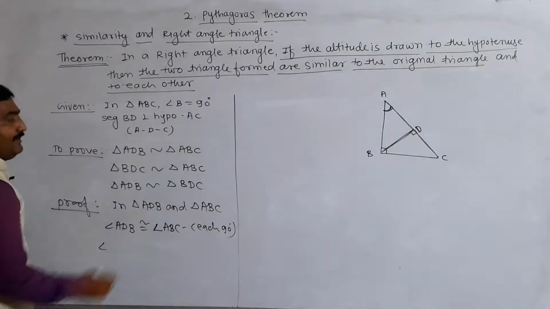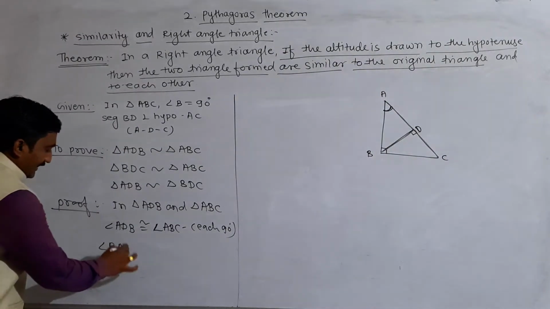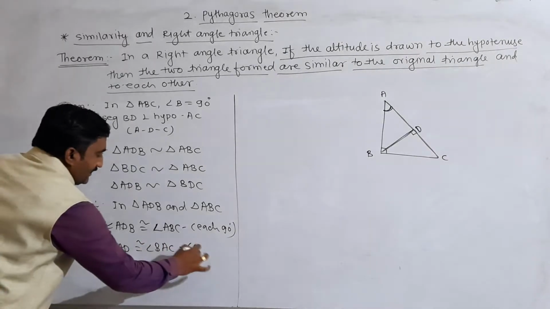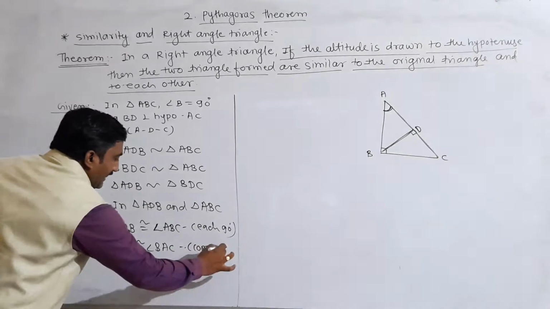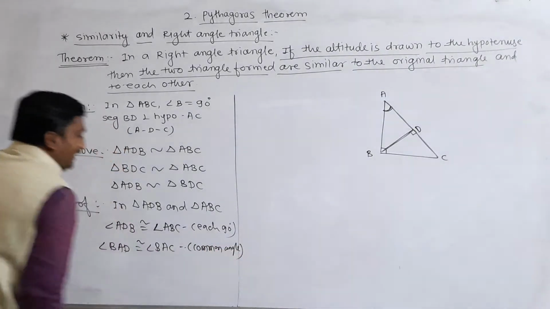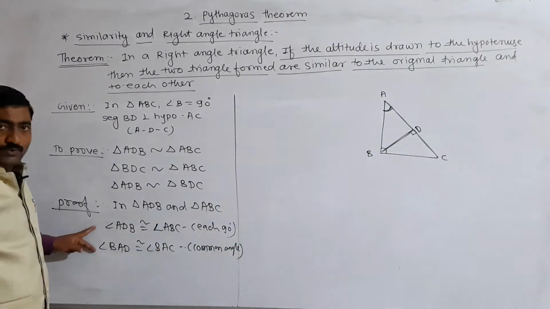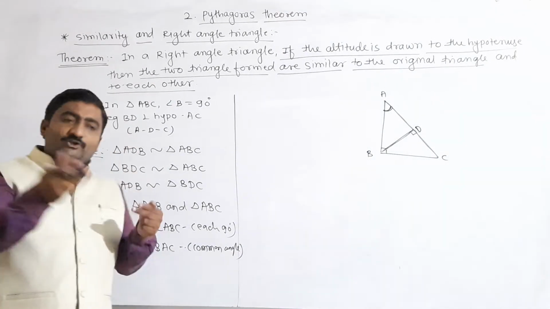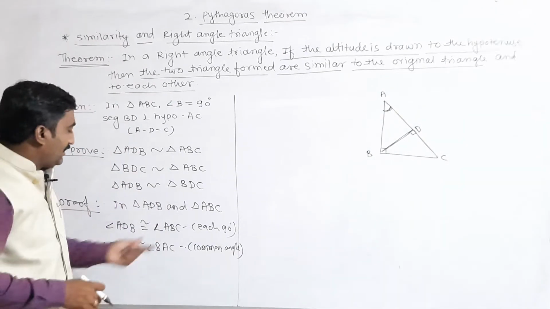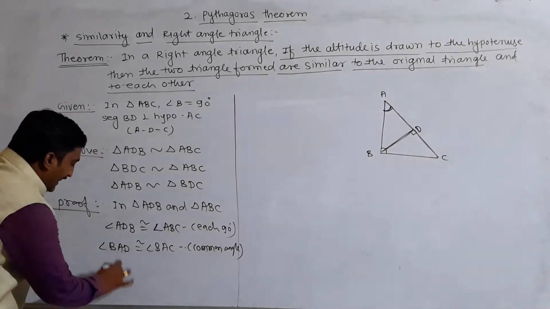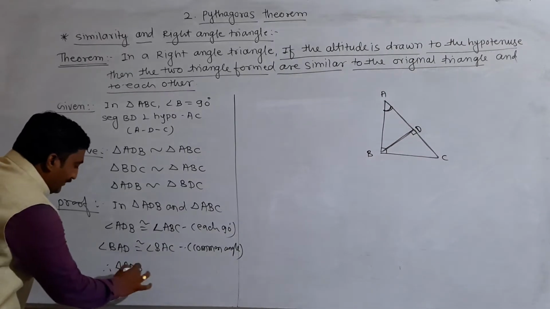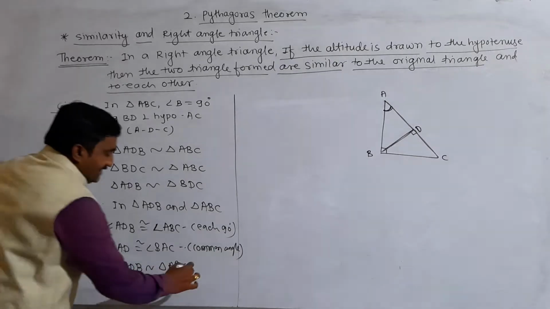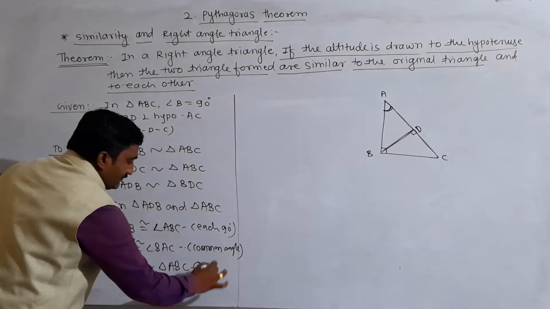So angle BAD is congruent to angle BAC. This is called the common angle. We know that when two angles of one triangle are congruent to the corresponding two angles of another triangle, then the two triangles are similar. Triangle ADB is similar to triangle ABC, by AA test.